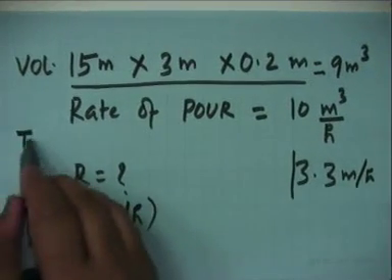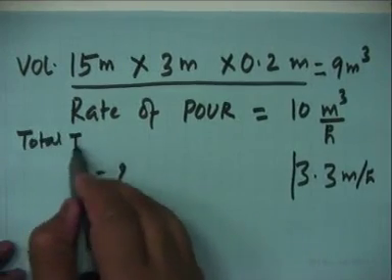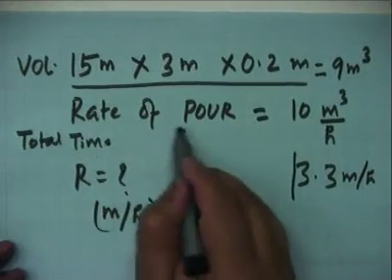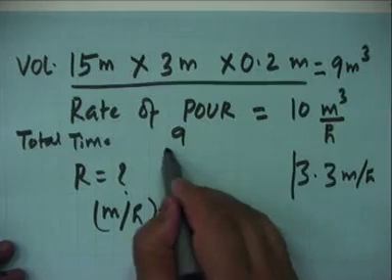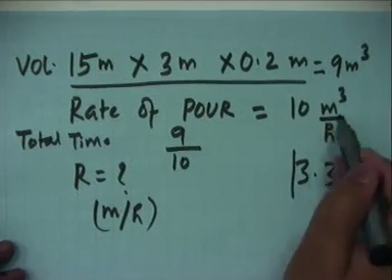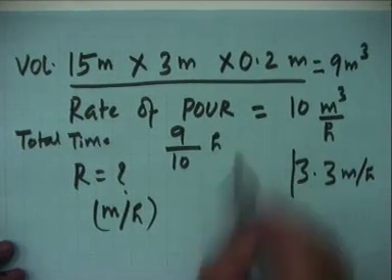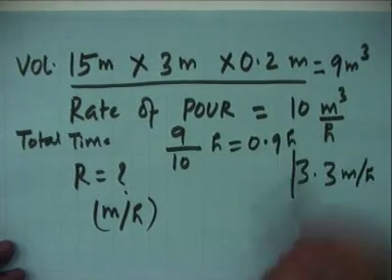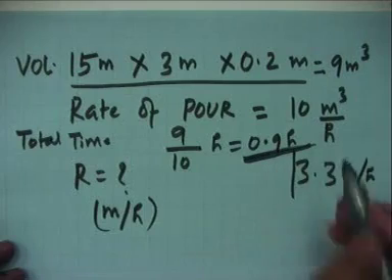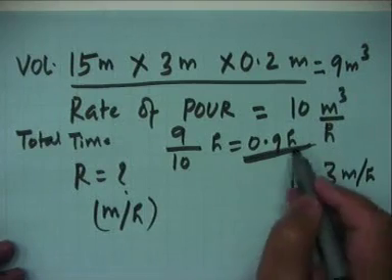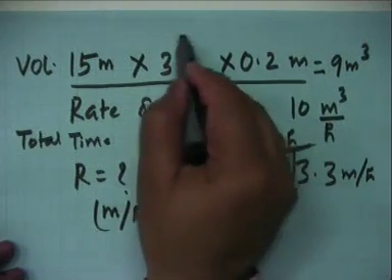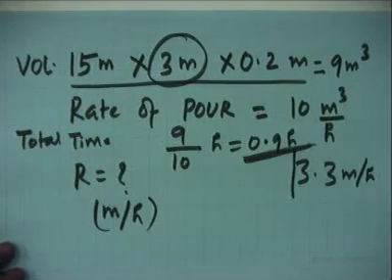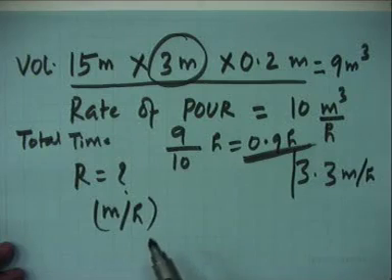The total time would then become 9 is your quantity and you are pouring at a rate of 10 meter cube per hour. So, 0.9 hour is the time that you have to take to fill it up. Now, 0.9 hour for how much height? 3 meter.